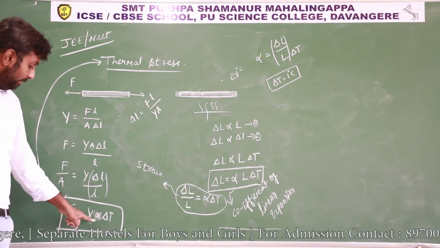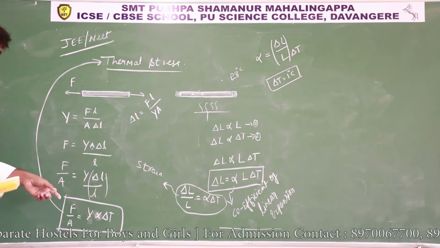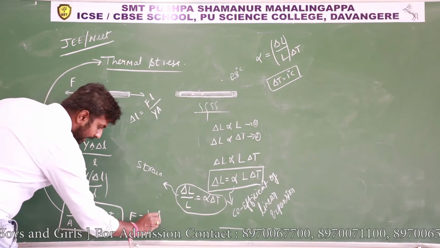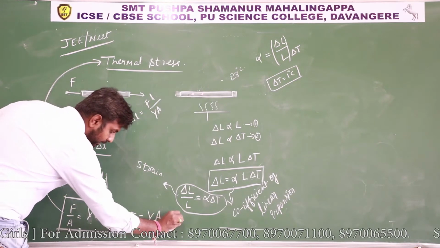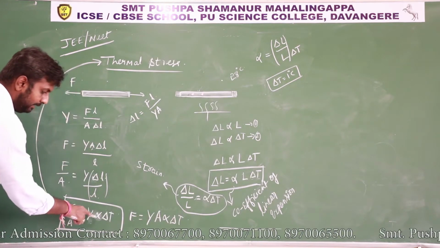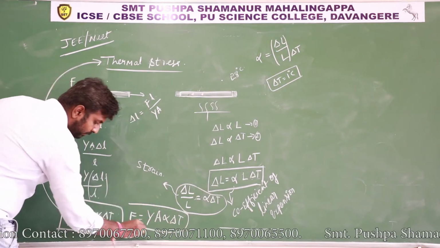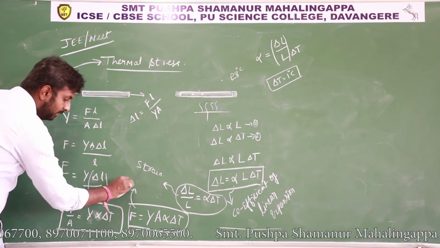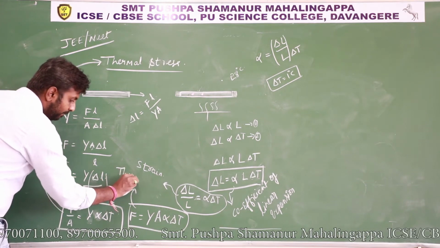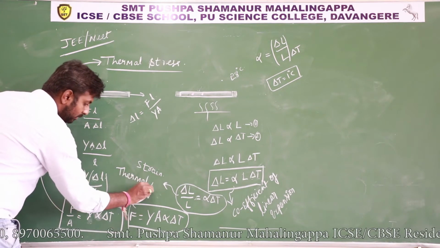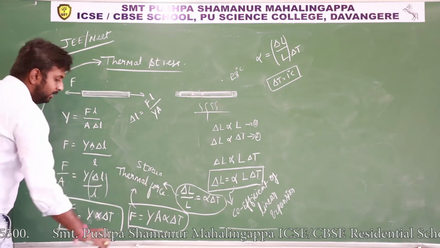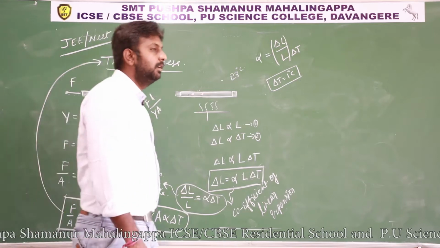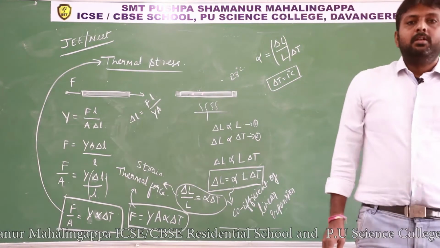This formula is important, and you can also write F equals Y A alpha delta T. If you shift A to this side, then F by A is thermal stress. F here is called thermal force. This is the thermal force formula. Note it down.